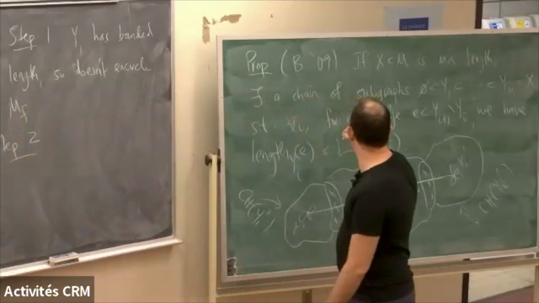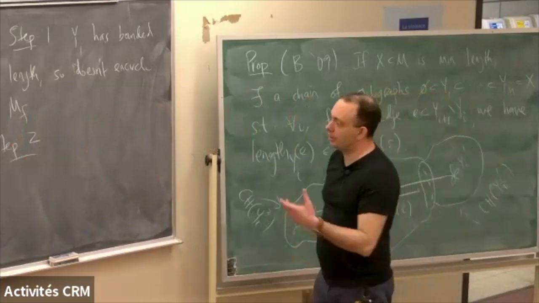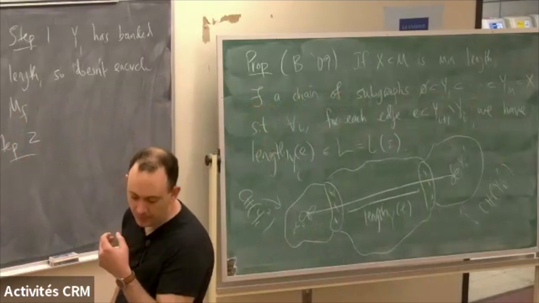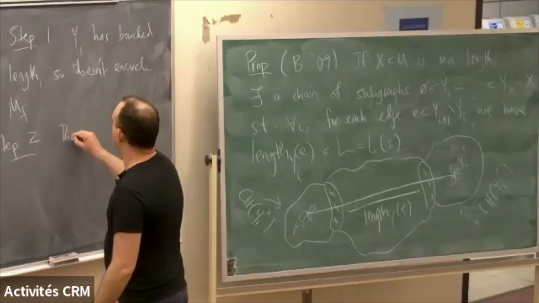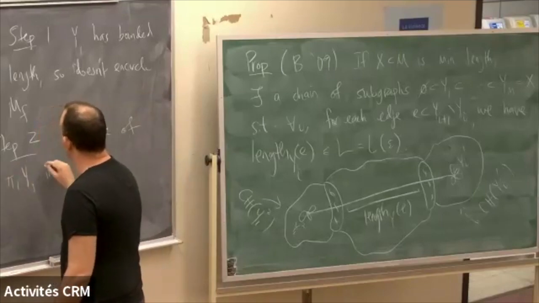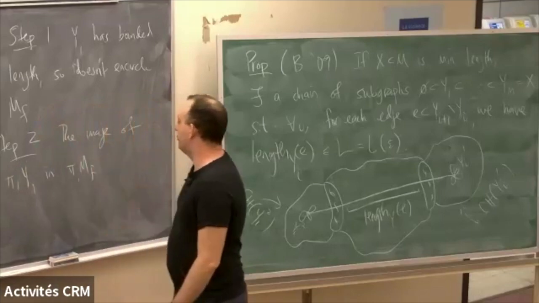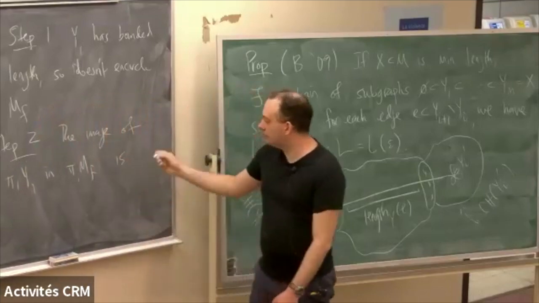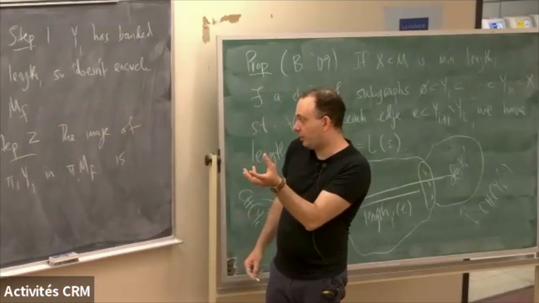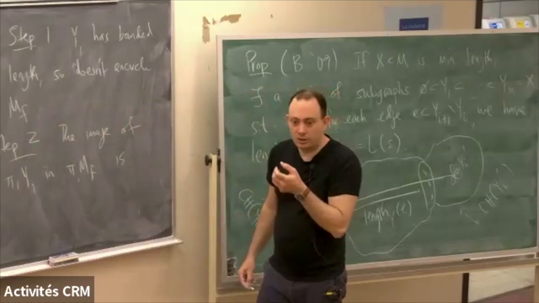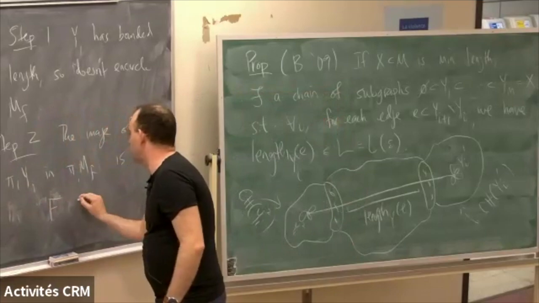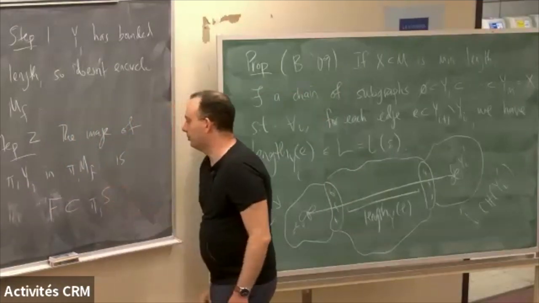For step two, if we're going to try to show that Y_2 doesn't encircle M, I need to understand Y_1 better. By step one, Y_1 doesn't encircle M, so the image of pi_1 of Y_1 in pi_1 of M_F lies in the fiber subgroup. Maybe I'll call it F inside the fiber subgroup.